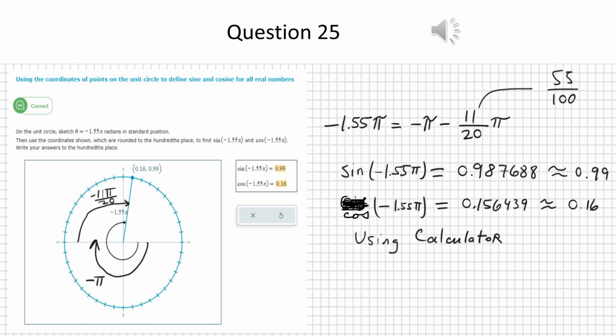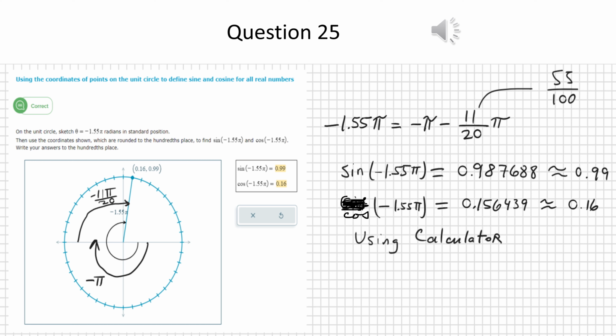When you are doing the sketch, you have negative pi, of course clockwise, exactly as the picture indicates, and we need 11 over 20 pi. Each division in the unit circle is 1 over 20.